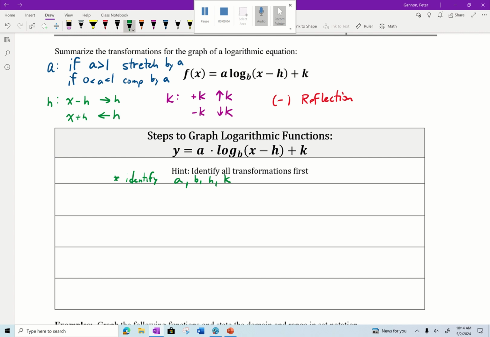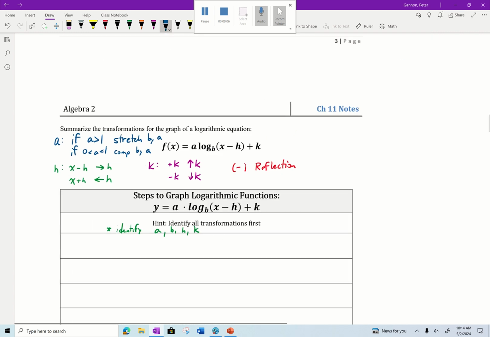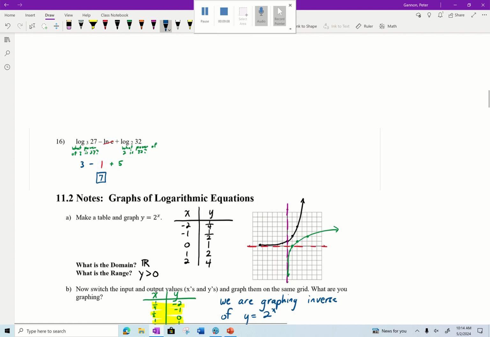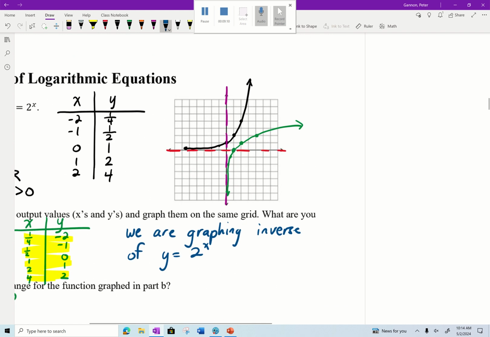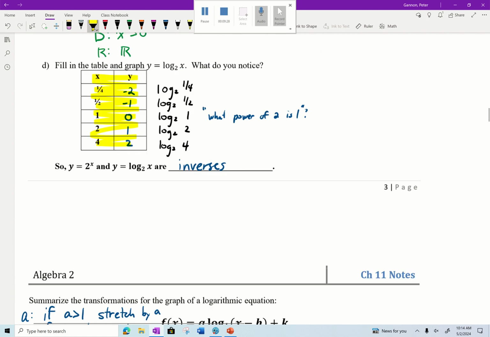Now, going back to this graph up here, when we graphed exponential functions, there was always a horizontal asymptote. Well, since logs are the inverses and we are switching x and y, that horizontal asymptote now becomes a vertical asymptote. So our log functions are always going to have a vertical asymptote, and that's really where we're going to start.